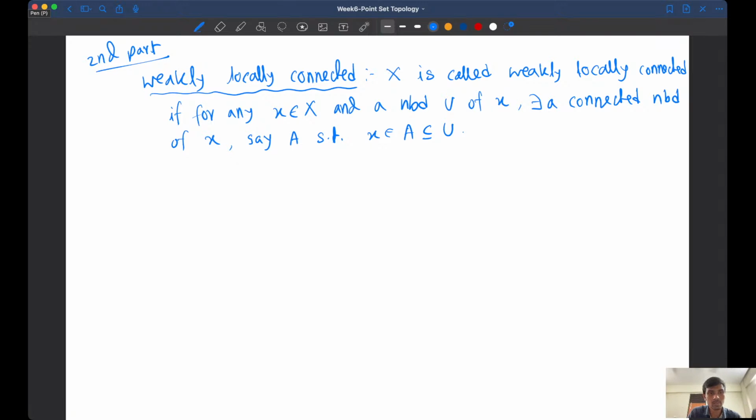So the claim is weakly locally connected implies locally connected.